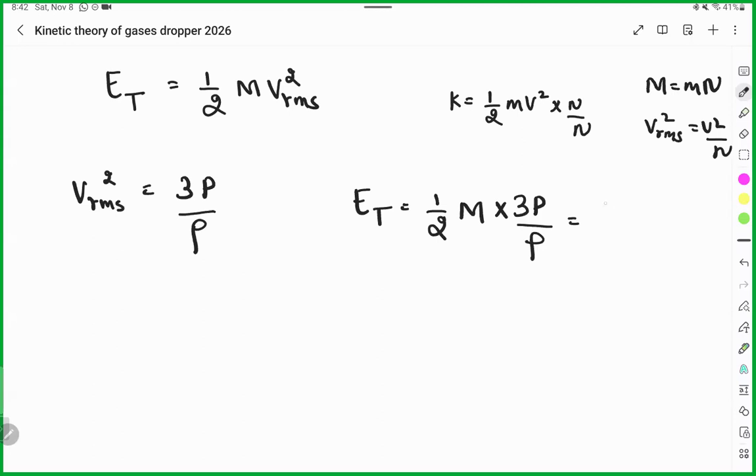So this is equal to, can you write this, 3 by 2 M P by rho? Can you write this density as mass by volume? Correct? Mass cancels. Can we also say this translational energy will be equal to 3 by 2 PV?